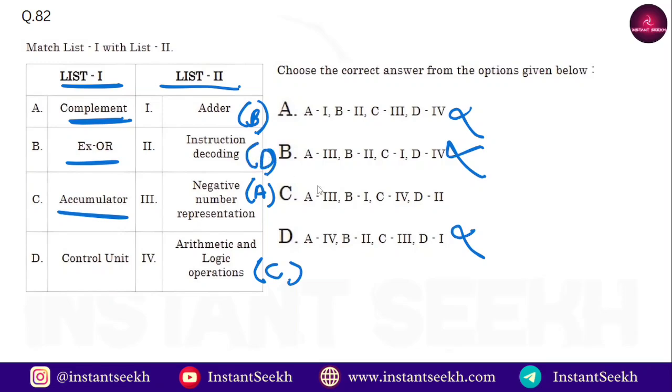So complement is used for negative number representation, XOR in binary addition, accumulator to store the results of arithmetic and logical operations, and control unit in instruction decoding. So option C is your right answer. Let's move on to the next.